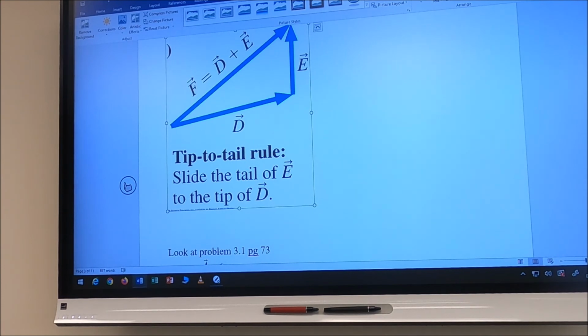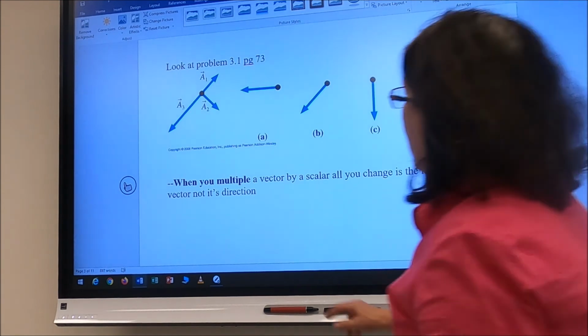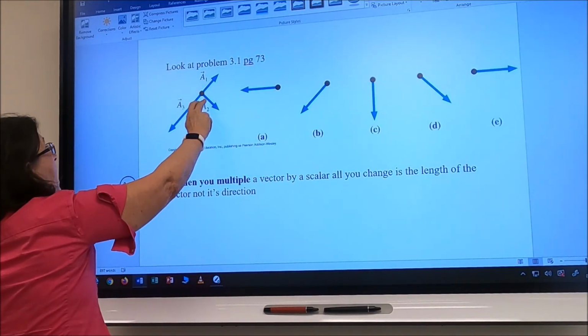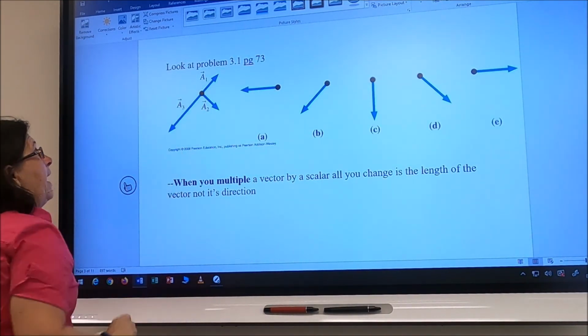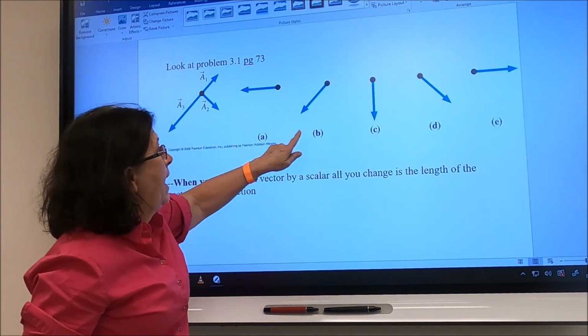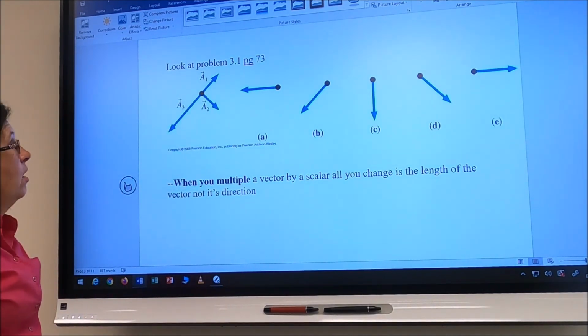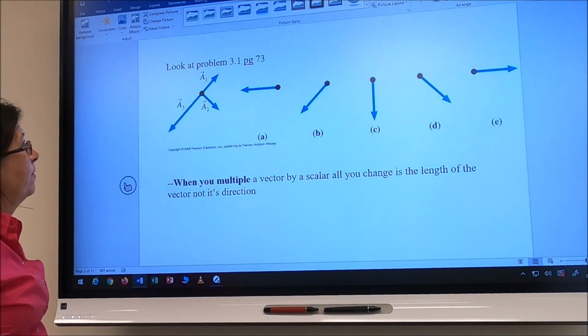Now, let's look at problem 3.1 on page 73 in your textbook. Here we've got three vectors, vector A1, A2, and A3. The problem asks us which one, A, B, C, D, or E, is the sum of those three vectors.